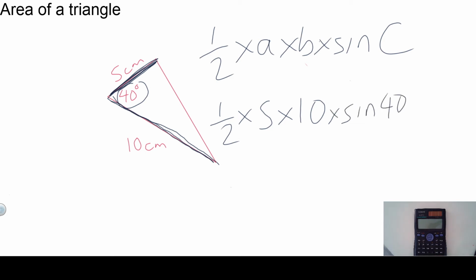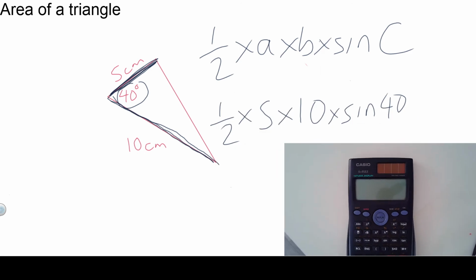So now if you did that on the calculator, you've got half times the two arms, the two sides, multiplied by sine 40, and that 40 degrees is the angle that's in between the two sides that we're using in this calculation.